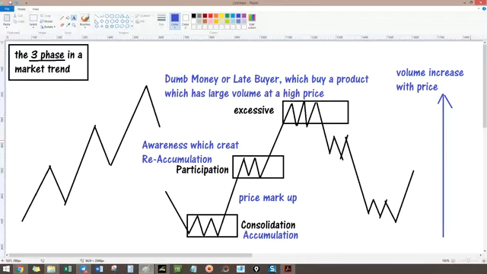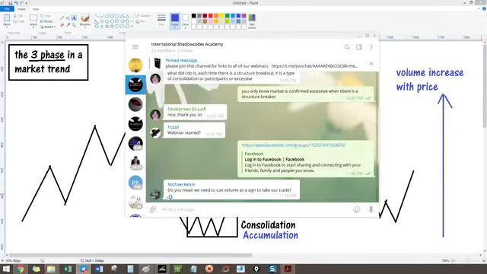Before this, I think I need to explain. Do you mean we need to use volume as a sign to take a trade?